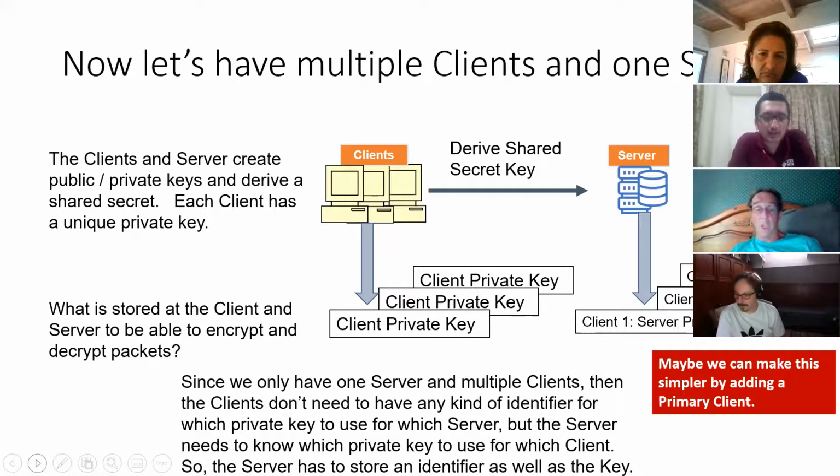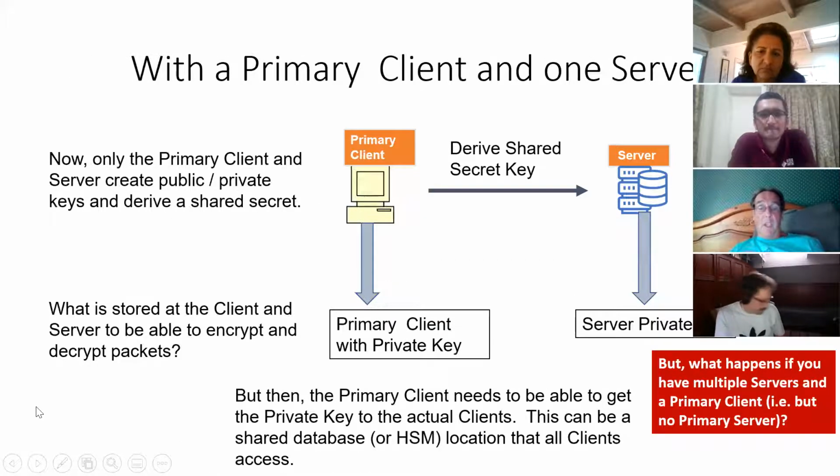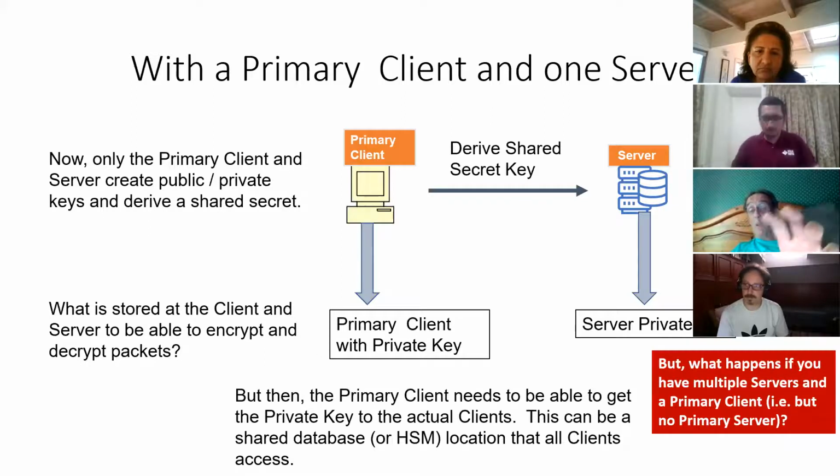So Nalini, if you would go to the next slide, that's where we introduce the primary client. That's the first box that we talked about on that messy slide. That makes it a little bit easier, because now the clients can have one key that the primary client will be responsible for. The server only needs to deal with that.